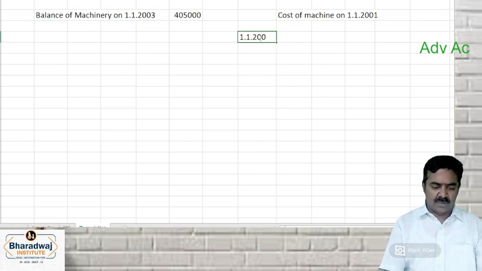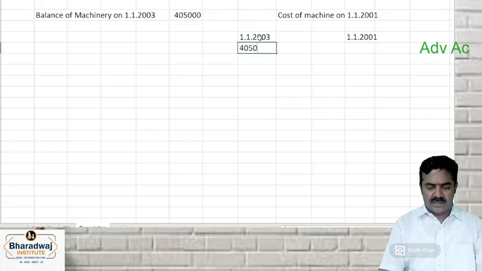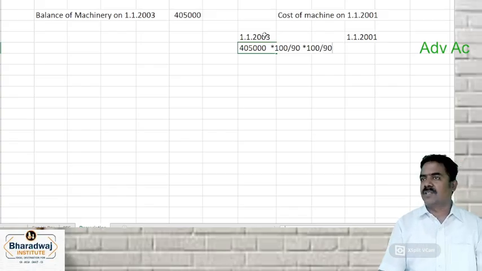The 1/1/2003 balance is given. We want to go to 1/1/2001. How did we work it out? 4,05,000 into 100 by 90 reverses 1 year. This will give us the balance on 1/1/2002. Once more into 100 by 90, it will go 2 years reverse.